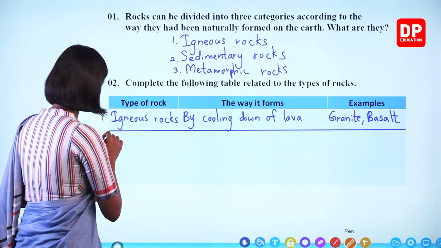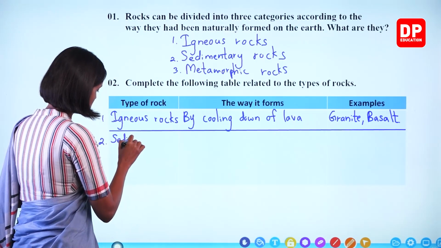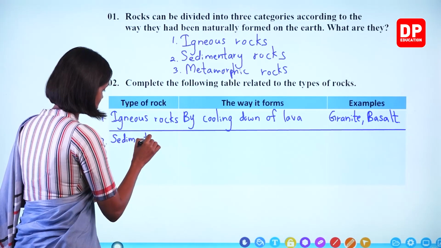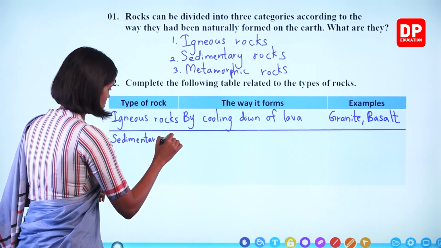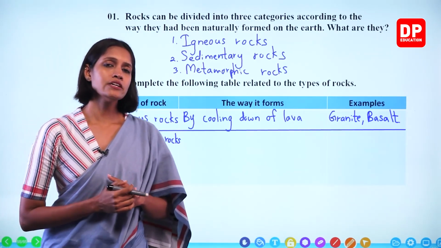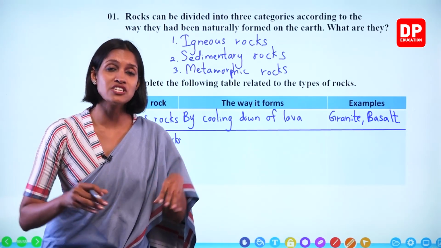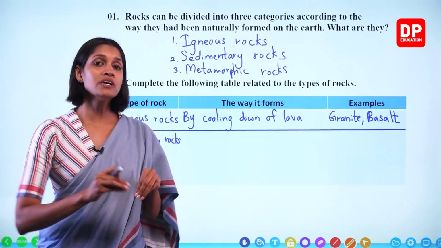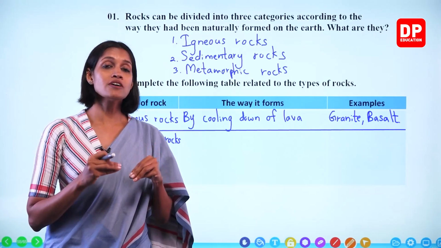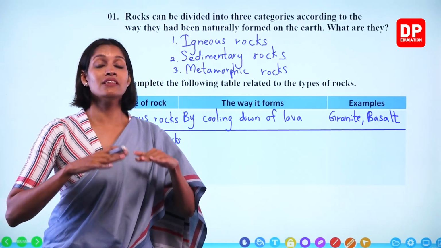Okay, number 2, sedimentary rocks. Right. So how do these sedimentary rocks form? Due to sedimentation, deposition of small pieces of rocks broken during weathering of rocks and by layering them up.